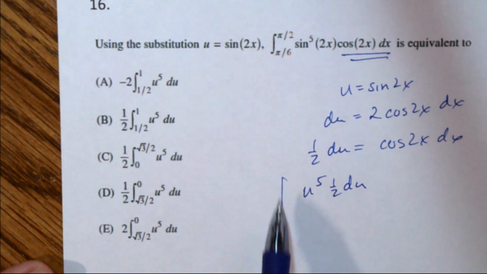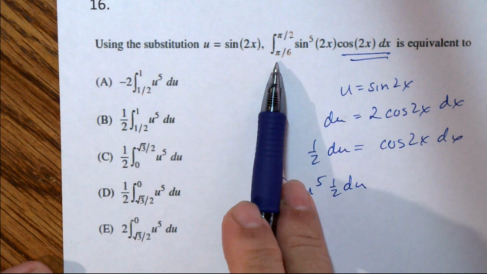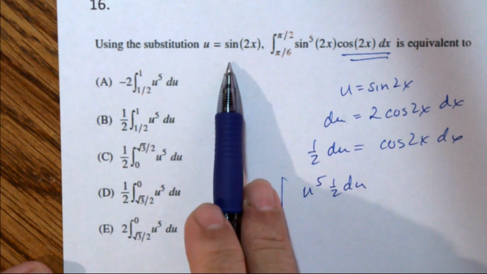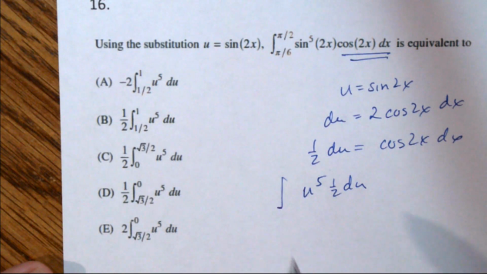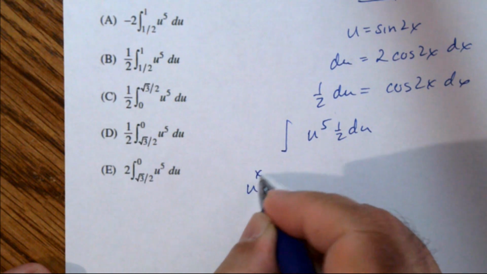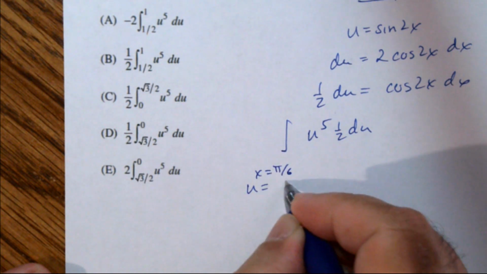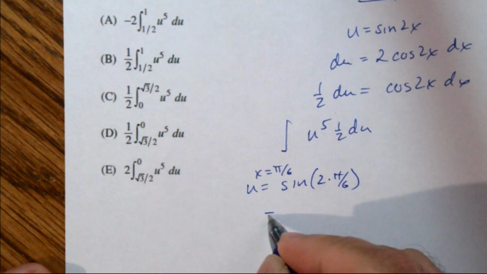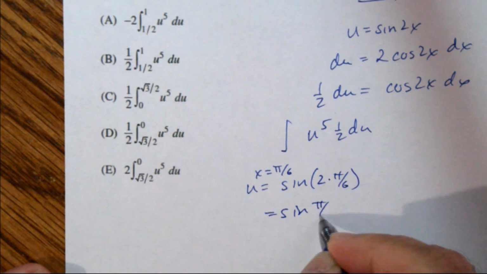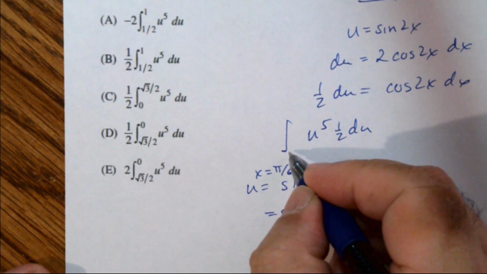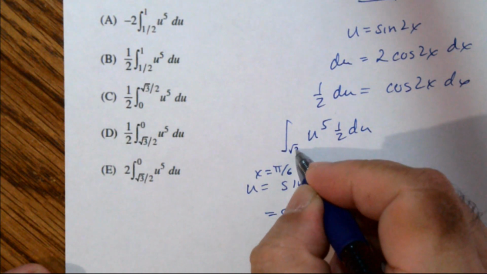Now, this is x equals pi over 6 to x equals pi over 2, but I'm doing this substitution of u. So let's do that down here. If x equals pi over 6, then it's sine of 2 times pi over 6, which is sine of pi over 3, which is square root of 3 over 2. So I'll put square root of 3 over 2 down there.